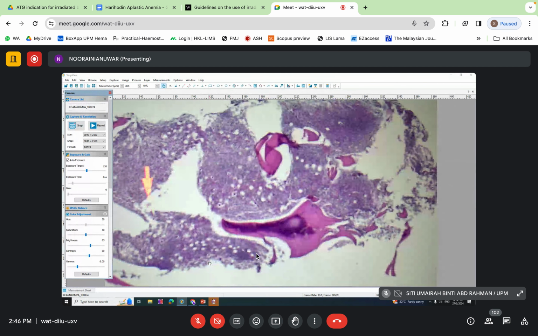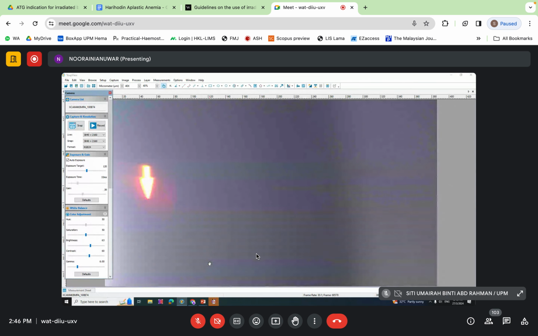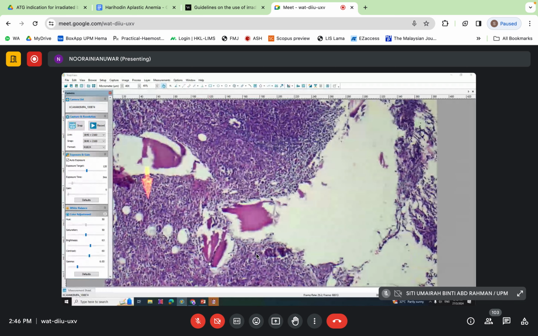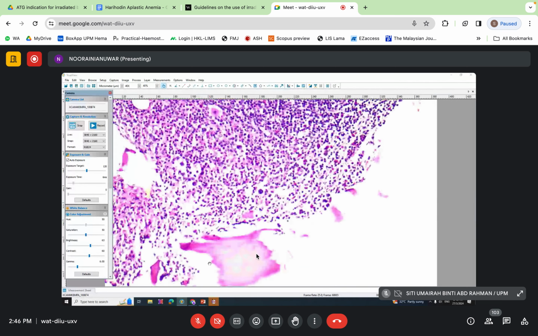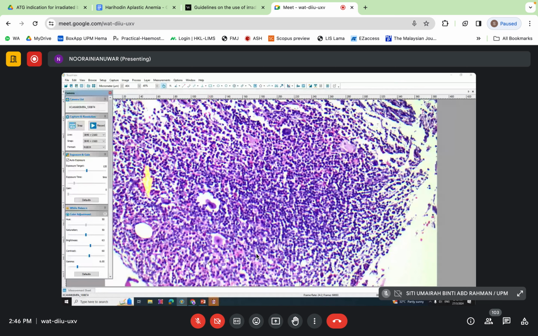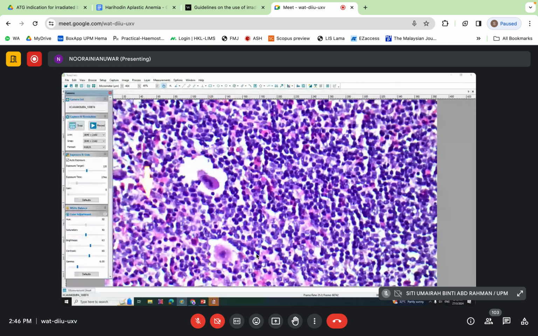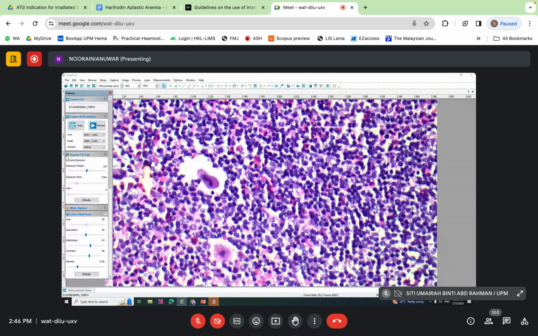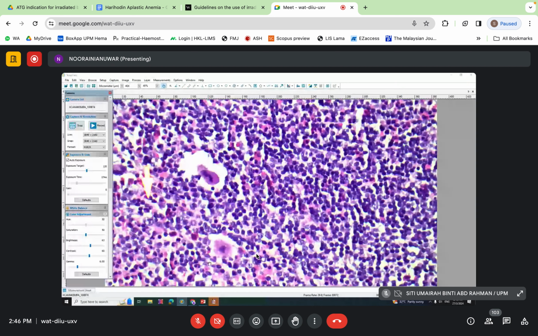Okay, when zoomed in, the cells look quite monomorphic with small size, clumped chromatin pattern, and inconspicuous nucleoli. Okay, I show you the IHC.